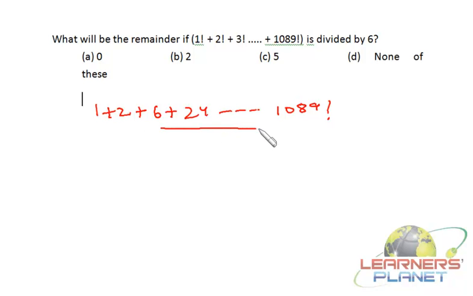So from these terms we won't be getting any remainder except 0. So the remainder which we are getting is from this expression only, that is 1 plus 2. So the final remainder is 3 only. So if this entire big expression is divided by 6, we'll be getting the remainder as 3. It's very, very simple.